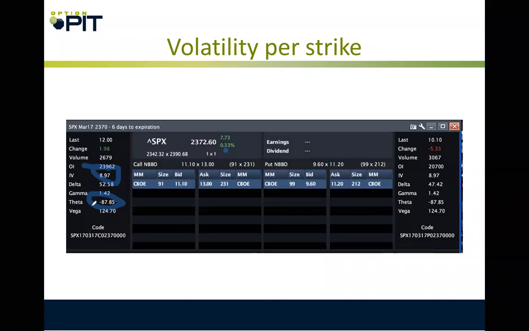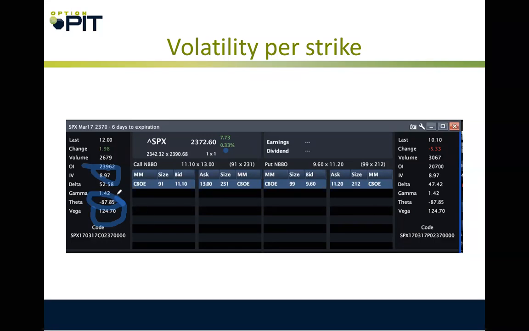And your Vega per contract is $124, meaning if the vol goes up 1 point, that contract gains $124. If the volatility goes down 1 point, the contract loses $124. This also means that your option is decaying at $87 per day, $87.85. Okay.